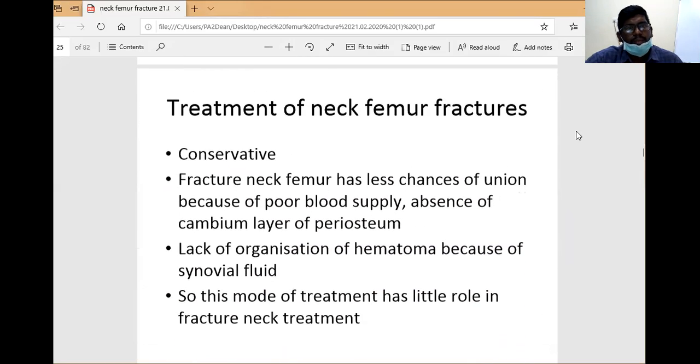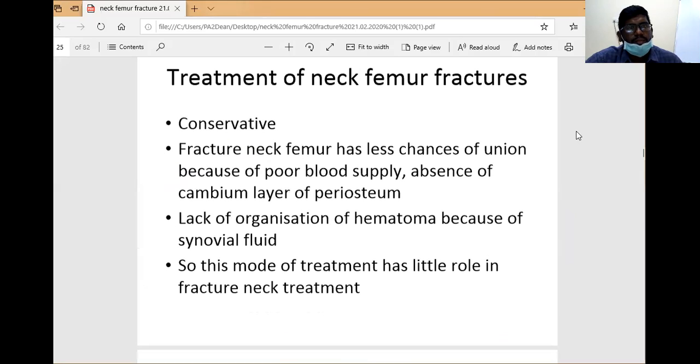Coming to the treatment of fracture neck of femur. There is no role of conservative treatment unless the patient is not a candidate for surgery, with severe comorbid conditions like diabetes or hypertension, or when the patient is not eligible for anesthesia. You can do conservative treatment only in impacted fractures.